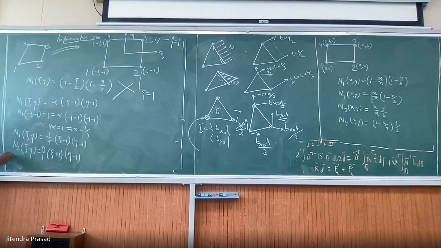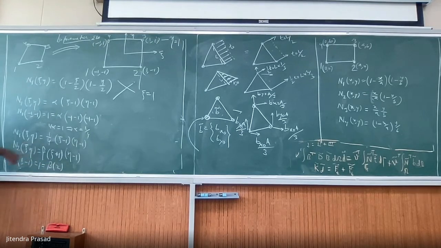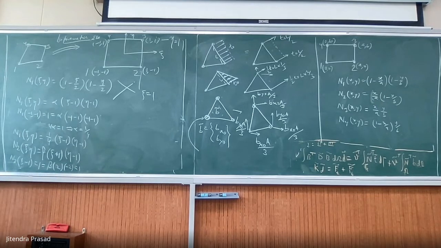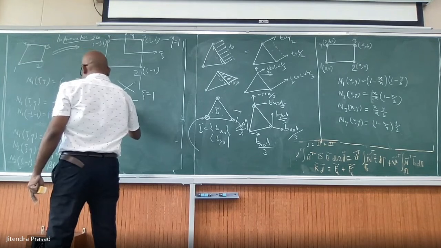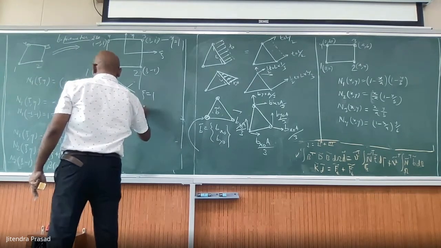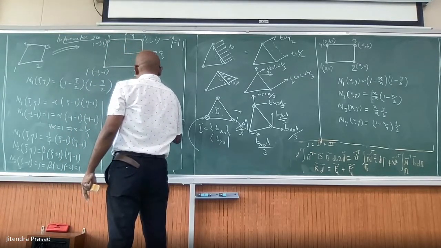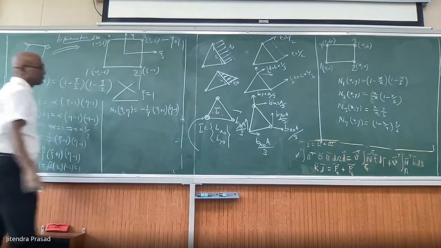Here you put the value N2 equal to 1, xi equal to 1 so it becomes 2, and eta equal to minus 1 so minus 2, so 1 equals 4 beta with a sign change, beta equal to minus 1 over 4. So what we get here is N2(xi, eta) equal to minus 1 over 4 times (xi plus 1)(eta minus 1).